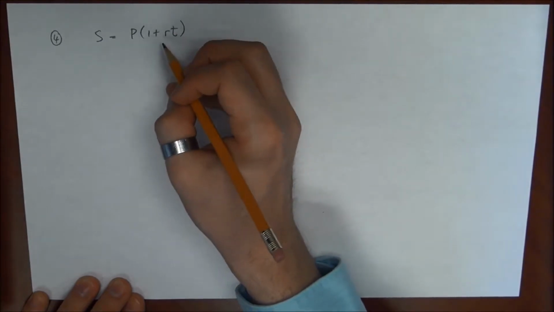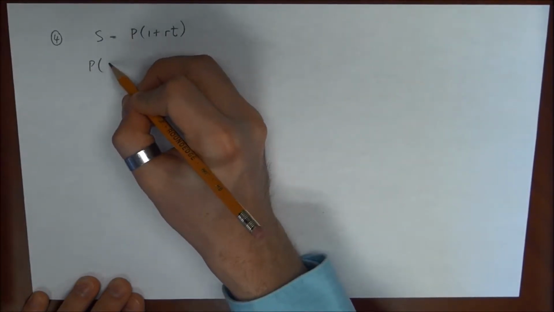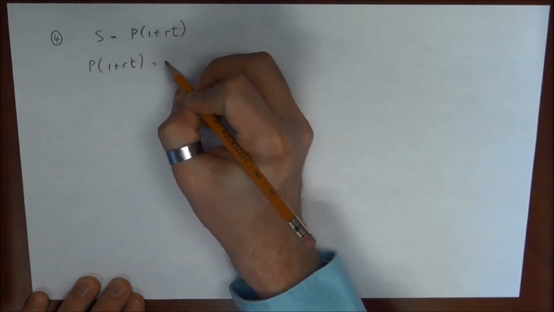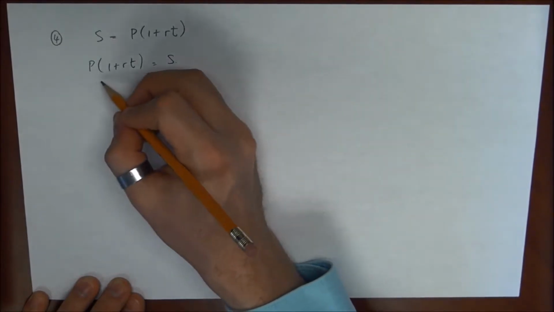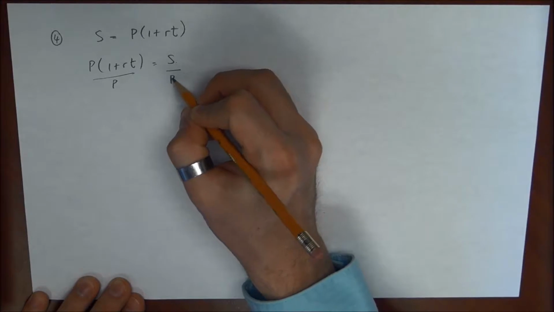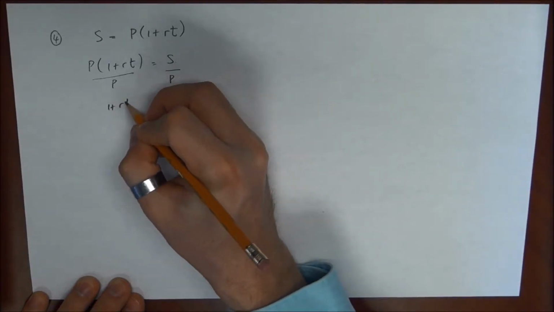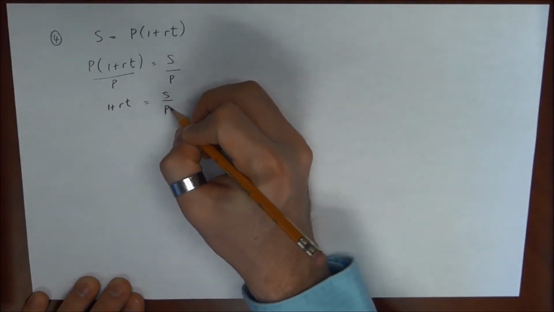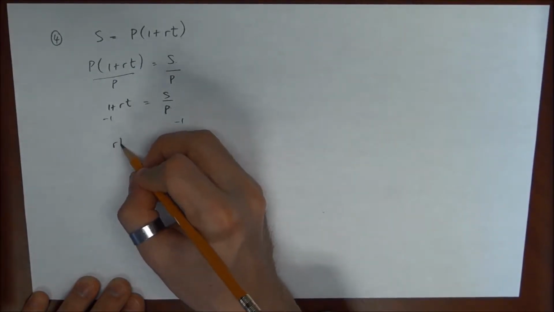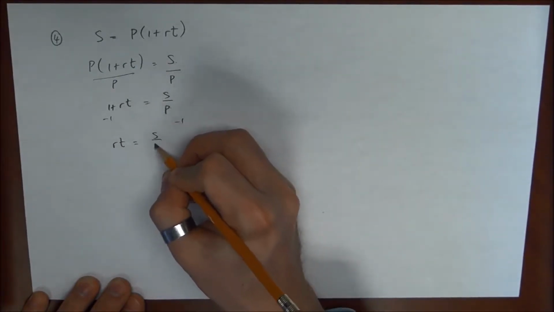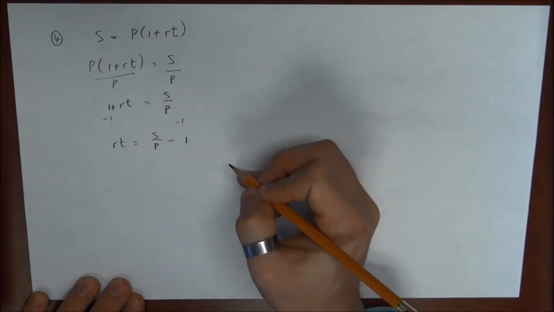Now I will write it in reverse because I want R eventually on the left. Let's divide both sides by P to get 1 plus RT equal to S over P. Now I have to subtract 1 on either side to get RT equals S over P minus 1.